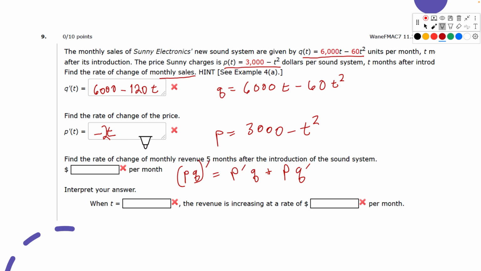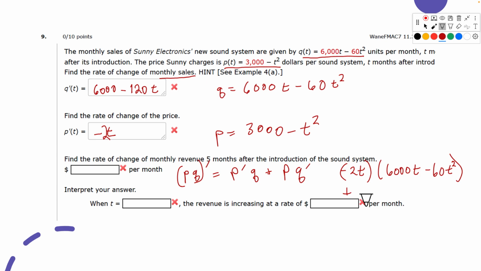So derivative of P is negative 2t. Q is this original up here. And then we're going to add, because that's the first part, right?